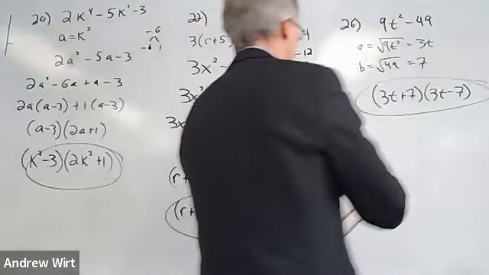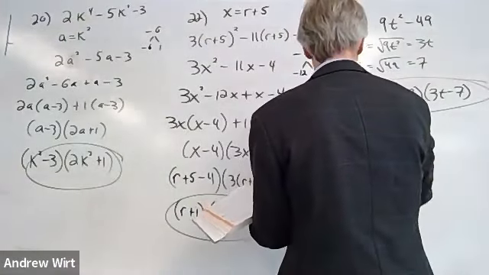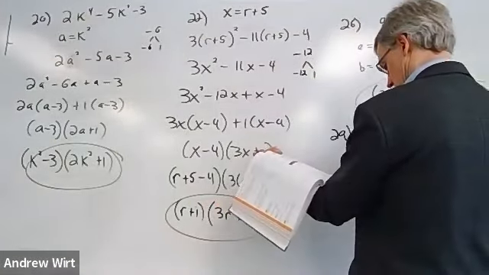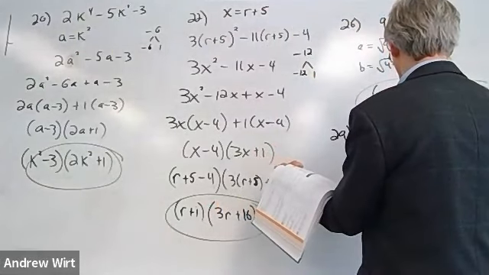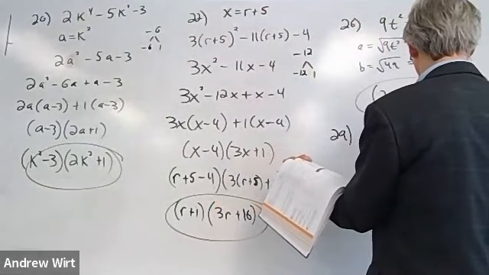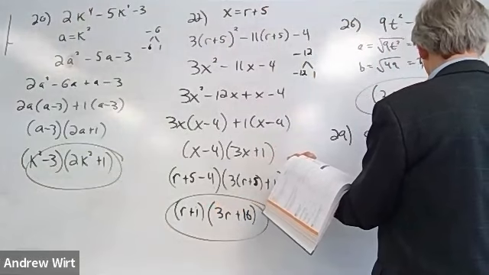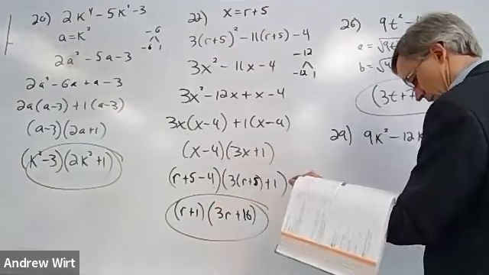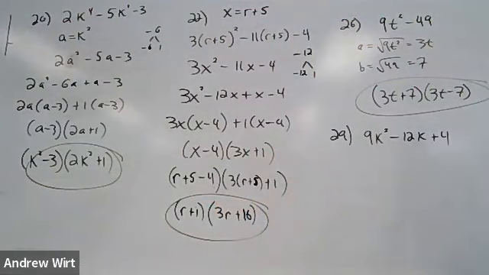And next up, 29. 9k squared minus 12k plus 4. Now this can just be done with the AC method.